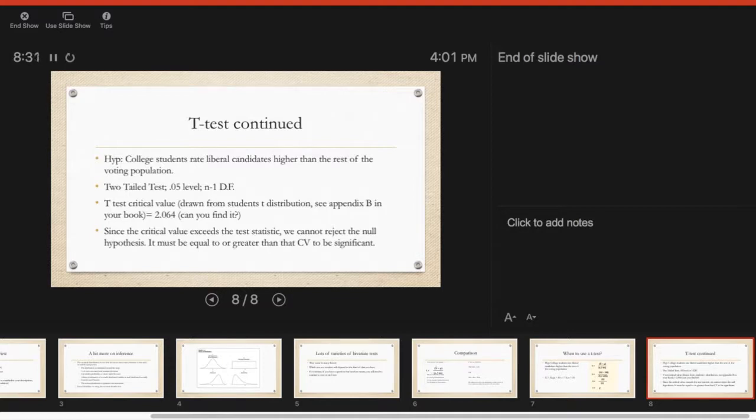So error could be located higher or lower. You've already set your level of significance to the 95% level, so you're looking at the 0.05 level of statistical significance, and you're looking at degrees of freedom.